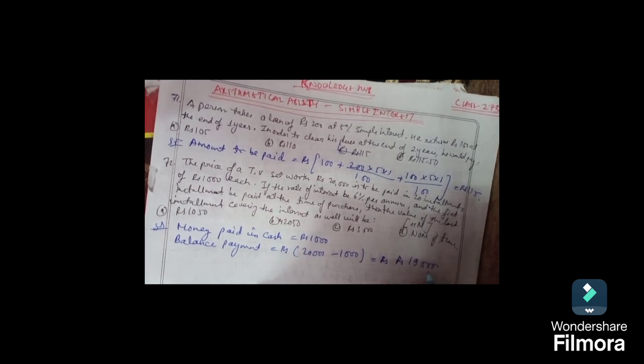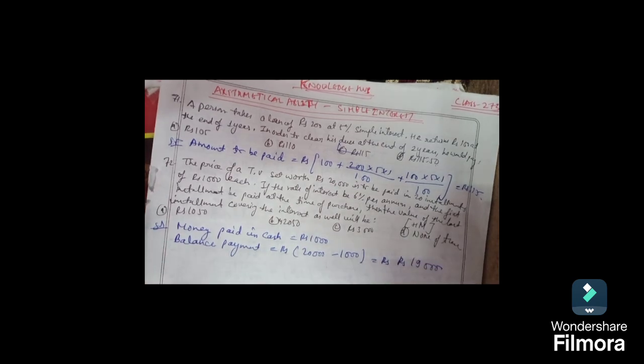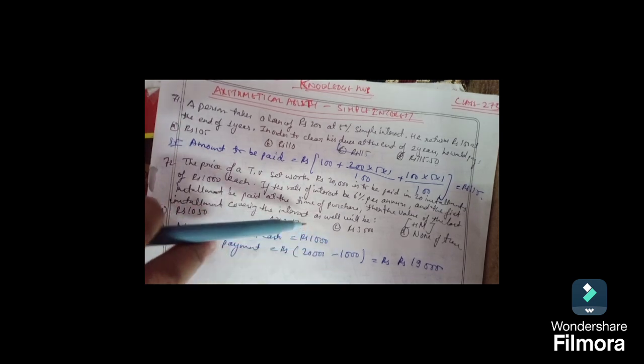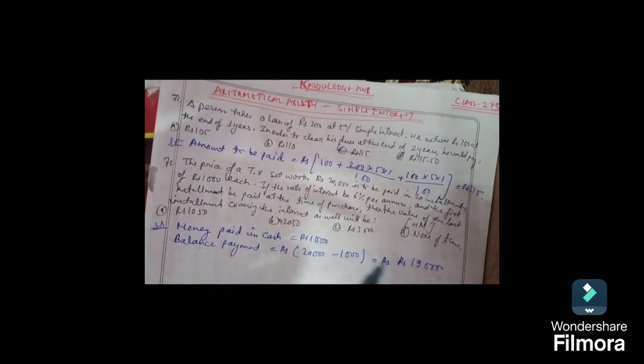So that will be the right answer, but 19,000 is not among the options here, so we go for none of these. Now we go for the next one. If 19,000 were an option, we would go with 19,000, but because it is not available here, we'll go for none of these.